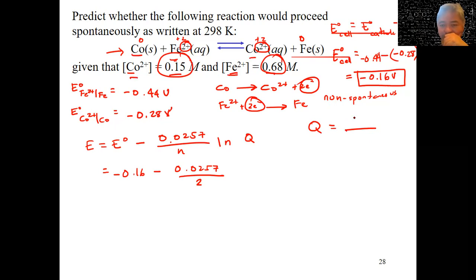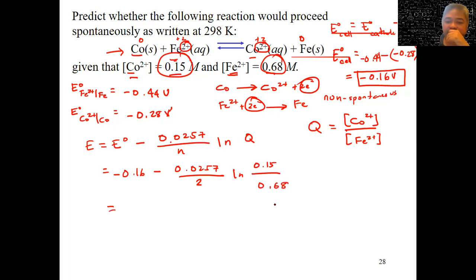Fe2 plus or CO2 plus sa numerator? CO2 plus, sir, kasi product po. Okay, so CO2 plus because it's a product, and then you have here Fe2 plus. So you're going to replace the value that's given there. So 0.15, and this one is 0.68.